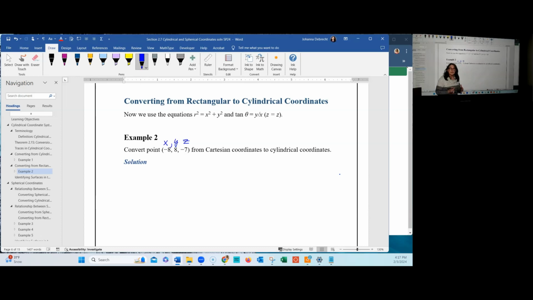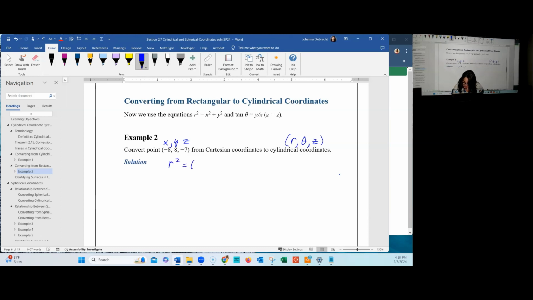Cylindrical coordinates are given in terms of r, theta, and z. I already have z, which is going to stay -7. I need r and theta. To get r, the first thing I'm going to do is square the x and square the y, and that will give me r squared.